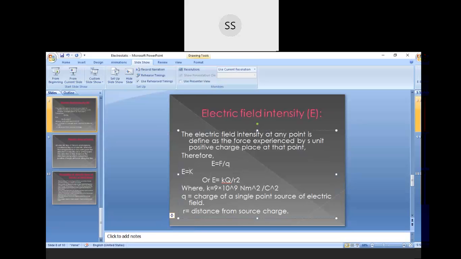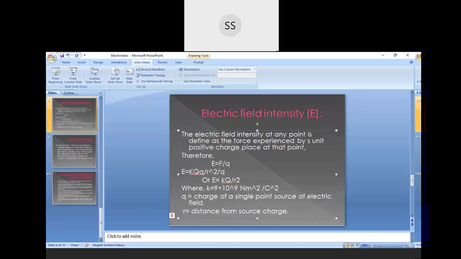K Q q divided by R square, and there will also be a division by q.